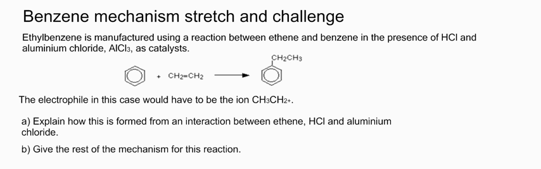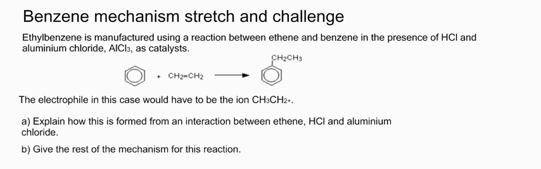So this question here, the actual alkylation of benzene is not on our specification, but this question uses all the principles that we have looked at, so we can tackle it. So the question runs like this. Ethylbenzene is manufactured using a reaction between ethene and benzene, in the presence of HCl and aluminium chloride, now both as catalysts.